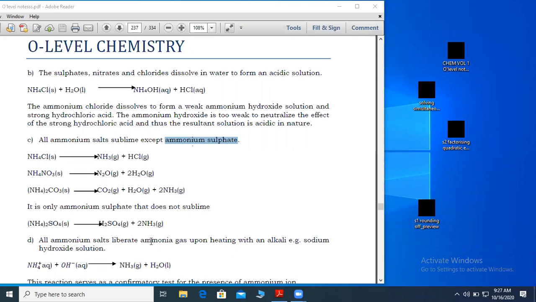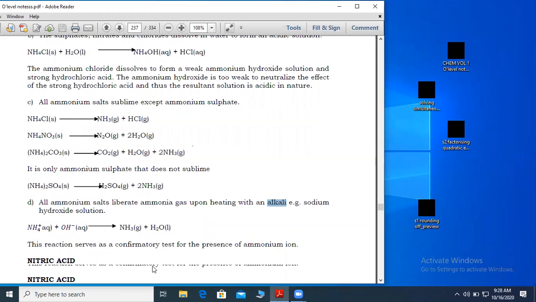All ammonium salts liberate ammonia gas upon heating with an alkali. Didn't I tell you that as long as there is an ammonium salt and a hydroxide, an alkali is a hydroxide, e.g. sodium hydroxide, ammonia gas will be liberated.